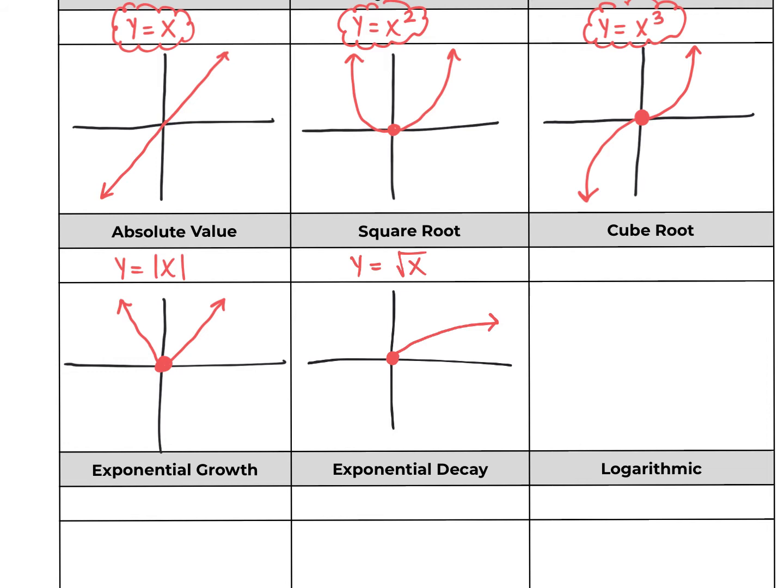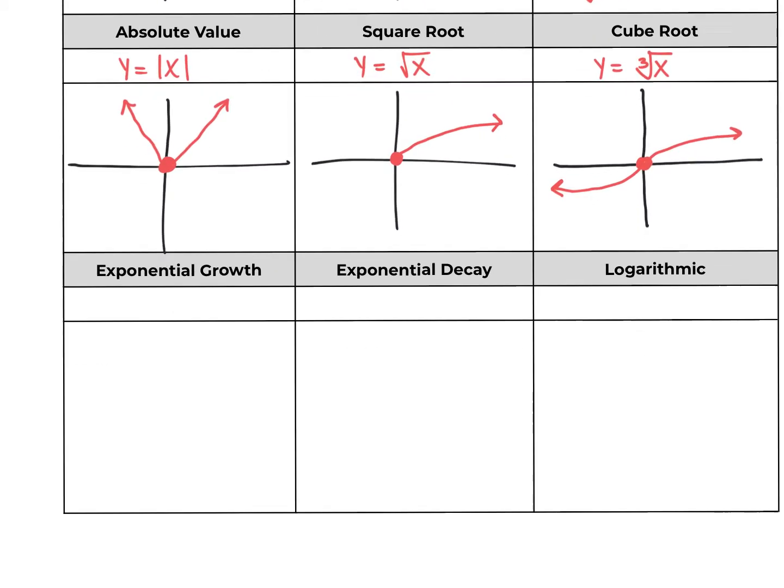Your cube root function is y equals, with a little 3, cube root of x. So if we draw our xy axis, put your vertex at the origin, and you're going to go kind of like a little bit of a square root this way, and then the reverse in the other direction. That is your cube root function.